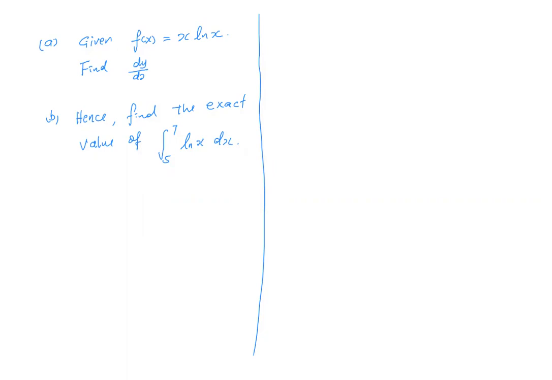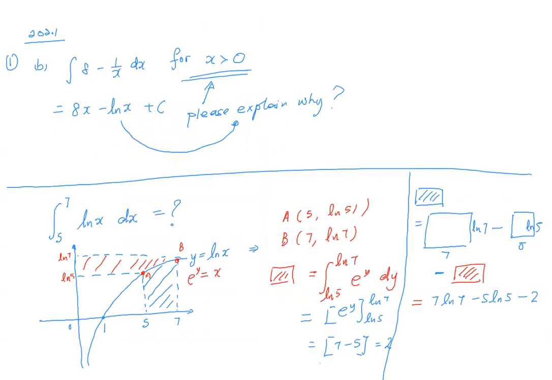What do you want me to say? Oh, because we can't integrate ln directly, and exponential is the inverse of ln. Understand that? So how do I get the 2?